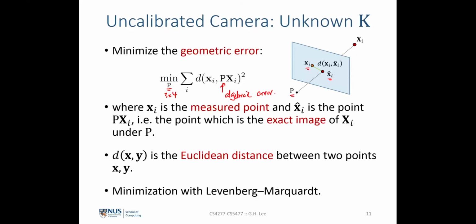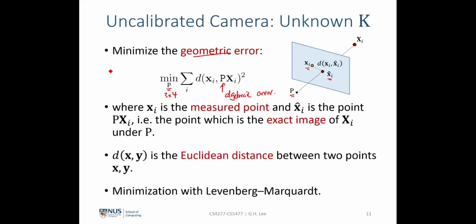In comparison to the algebraic error, as we have mentioned earlier in our lecture on homography as well as the lecture on the fundamental matrix, the reprojection error, the geometric error, yields a much more accurate result because it's physically meaningful. We are actually physically minimizing this error over the prediction of the camera projection matrix.